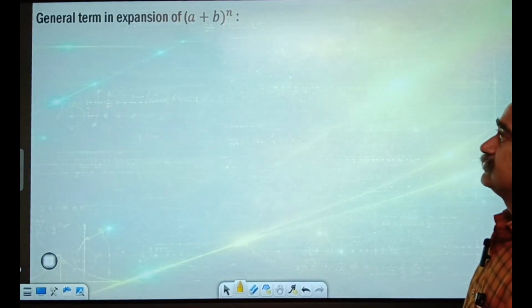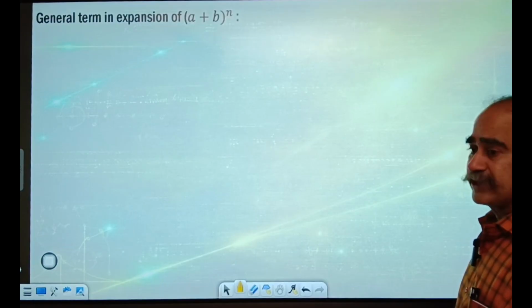After this, general term in the expansion of (A plus B) raised to n.